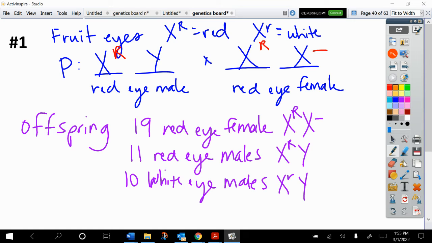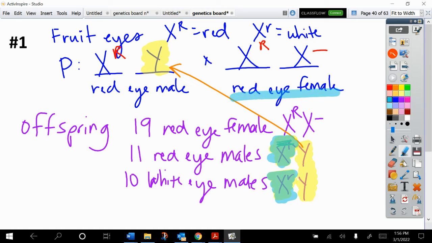Let's take a look at the male offspring. Keep in mind that whenever we are looking at the offspring, the Y that the male offspring had to come from the male parent. So the male parent gave the Ys. There's no other way to get it. What that means is that the female parent is responsible for the Xs.